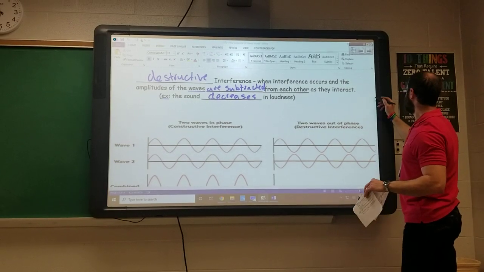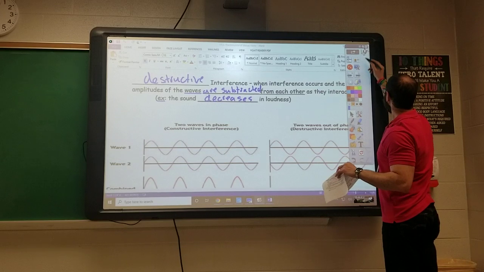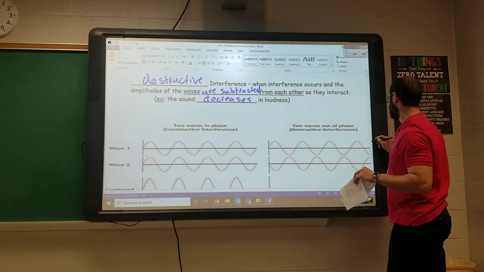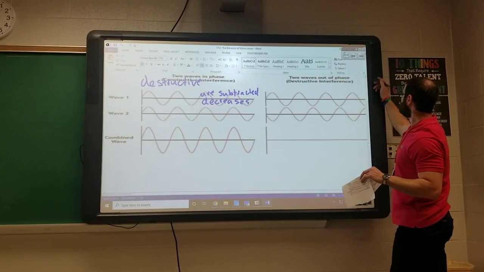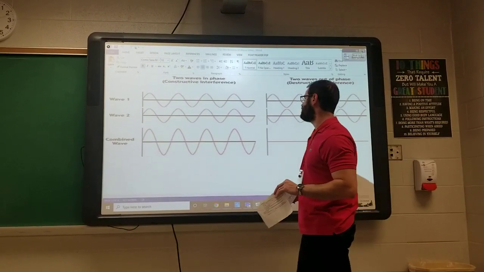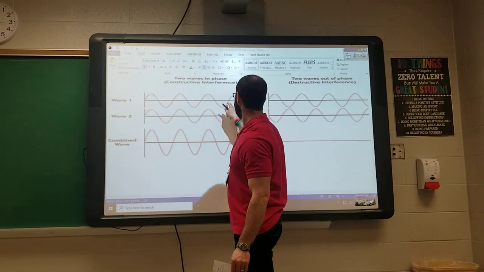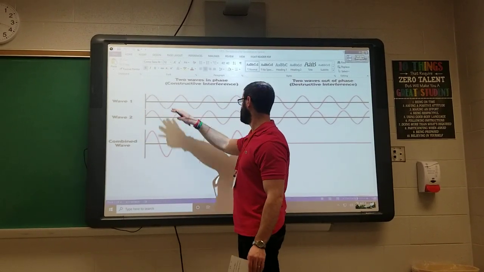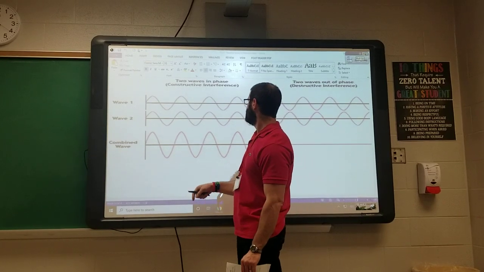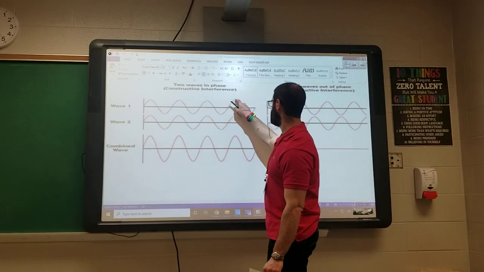Let's look at some diagrams that will illustrate what we're talking about. Constructive interference: here are two waves that interfere constructively, and we can see that their peaks occur at the same time.